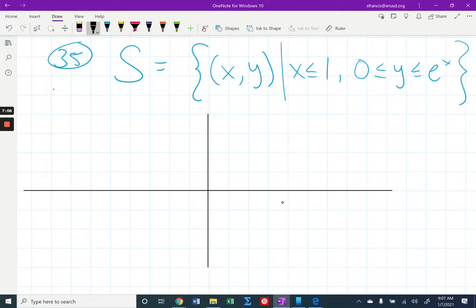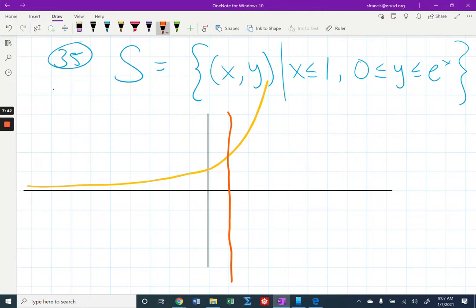So if I sketch e to the x, the graph is going to look something like this, and let's put x equals 1 in there. We want all the points in the plane where the x coordinate is less than or equal to 1, so anything to the left of this line, and the y coordinate is greater than or equal to 0, so on or above the x-axis, and less than or equal to e to the x, the orange graph right here.